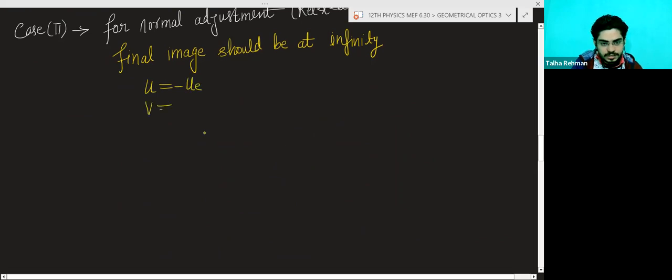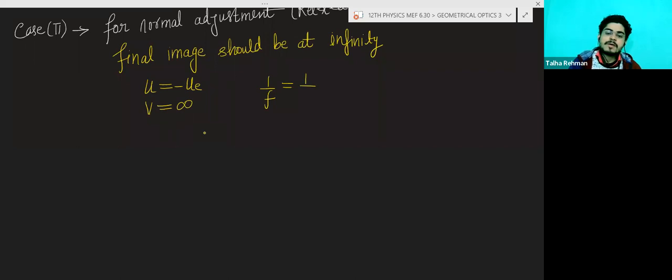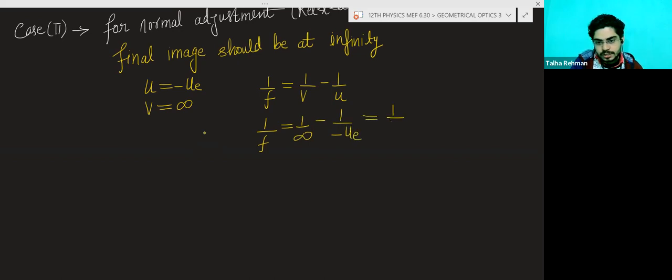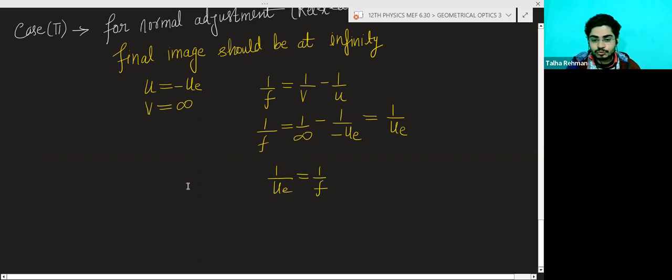So again we apply the lens formula: 1 upon F is equal to 1 upon V minus 1 upon U. 1 upon V is 1 by infinity, minus 1 upon U is minus 1 upon minus UE, so it becomes 1 upon UE only. So this time we have 1 upon UE equal to 1 upon F.